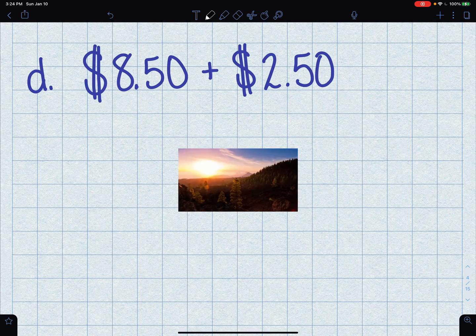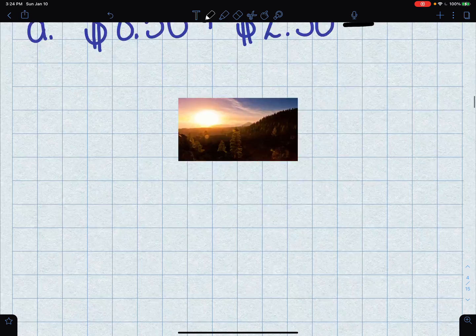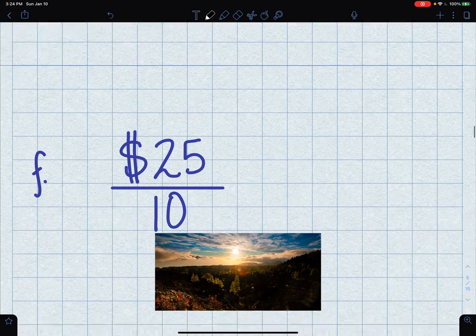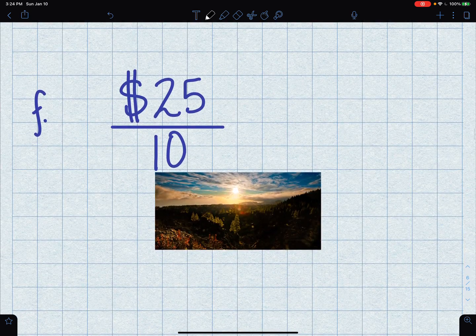D is $8.50 plus $2.50. E, what is 1/3 of $36? Okay, and F, what is $25 divided by 10? Where would the decimal be there?